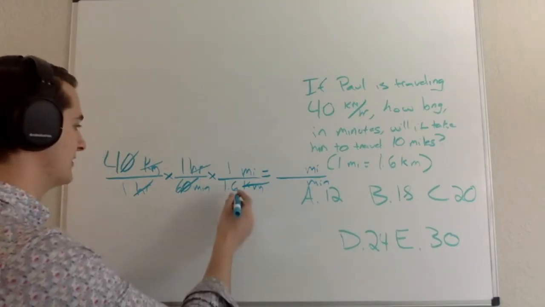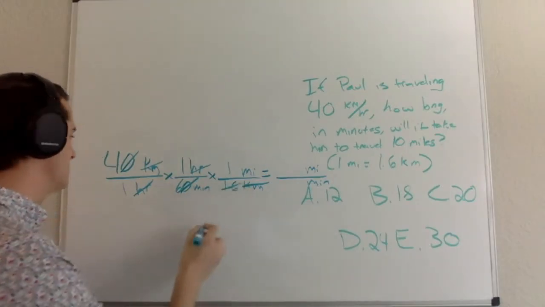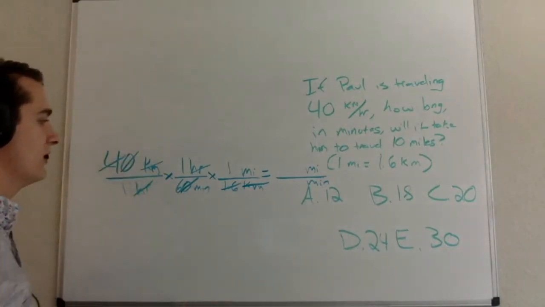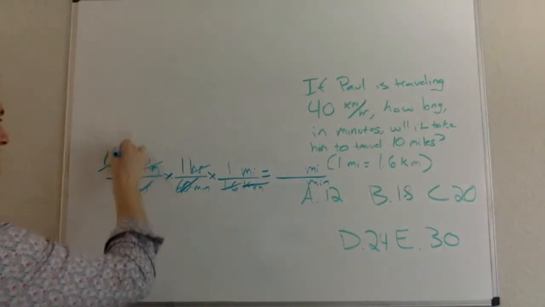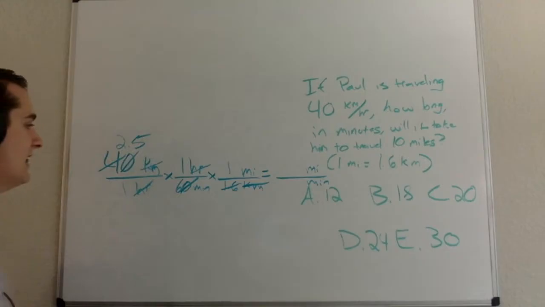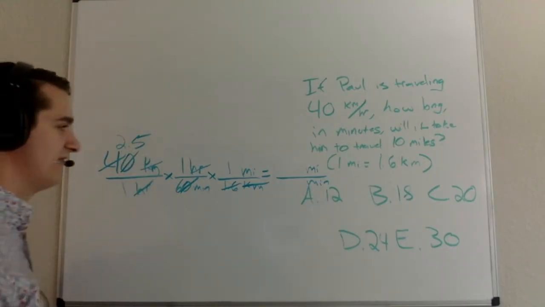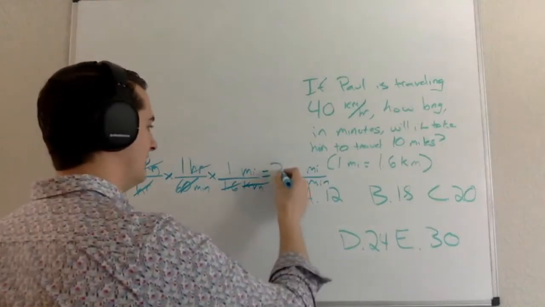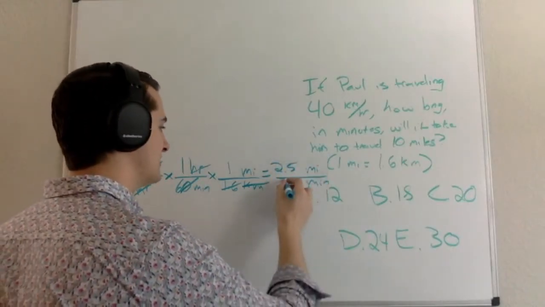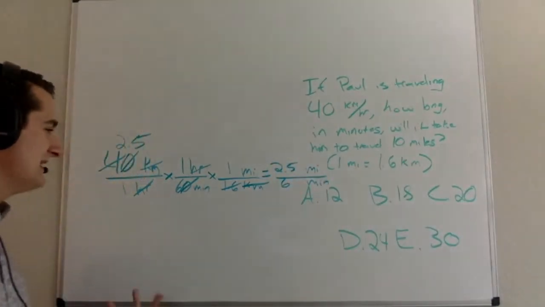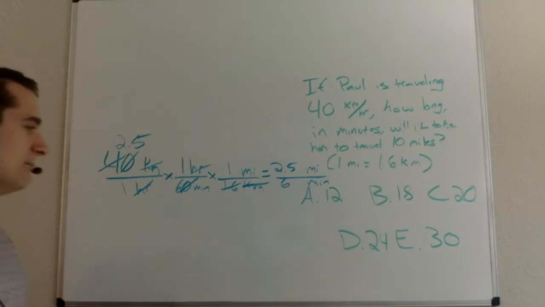So I'm going to be able to cancel here my 1.6 and my 4 and basically change this into a 2.5. And so now what I end up with is 2.5 miles per 6 minutes. Now, that's not exactly the prettiest rate, but that's also not really a big problem, okay?